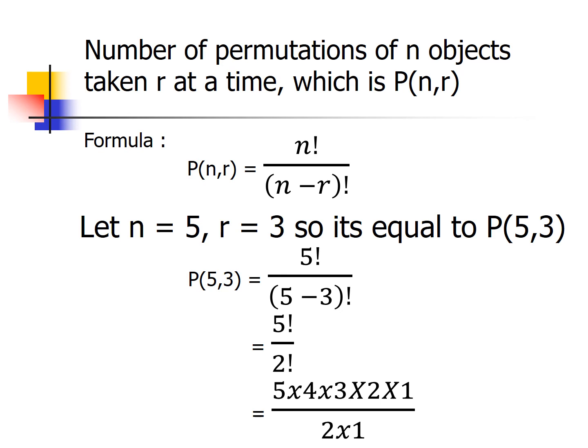So, pwede nating i-cancel na yung 2 and then 1. Ang matitira na lang is 5 times 4 times 3 is equal to 60 ways. So there are 60 ways to serve the delicacies out of 5 when taken 3 at a time. O, yun yung ibig sabihin ng second formula.